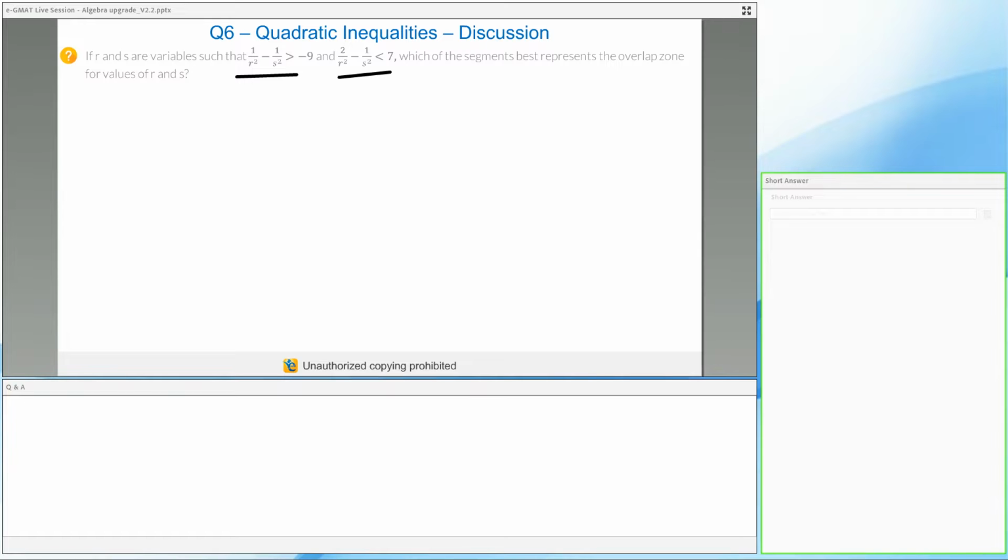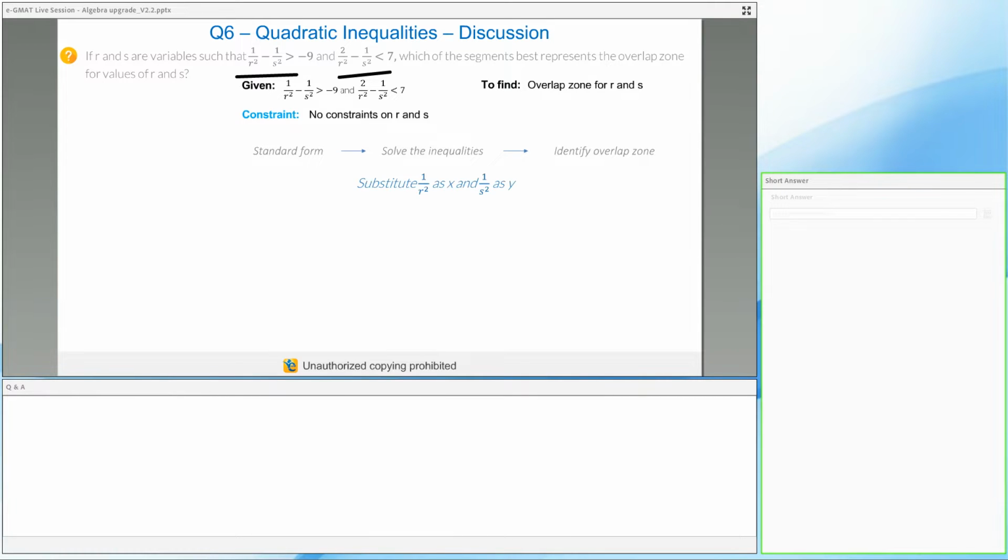Now when you have situations like this, when the variables are in the denominator, what you can do is simply substitute 1 by r square and 1 by s square with x or y or a or b or p or q, whatever you want, because you are comfortable solving inequalities when the variables are in the numerator, right? So this is one way to do it. Just simply substitute it with x and y.